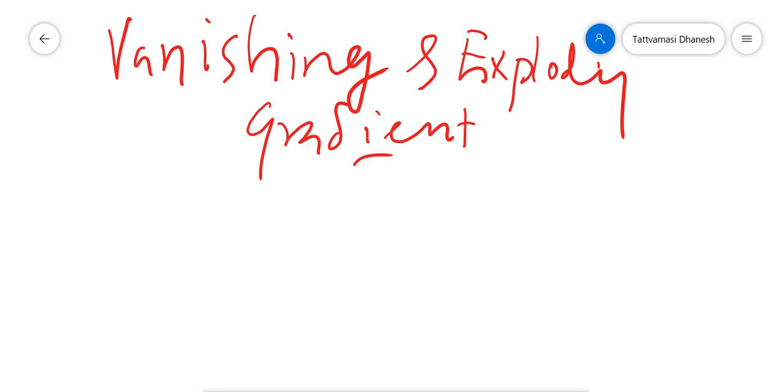I am going to explain that. That's the last part. We have to understand why vanishing and exploding gradient happen in a recurrent neural network. From the mathematical explanation for backpropagation through time, you might have understood the Jacobian determinant and its exponential growth.